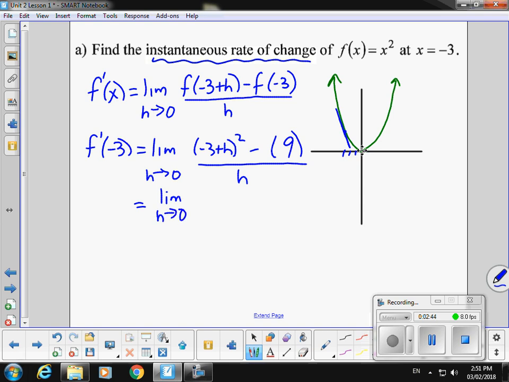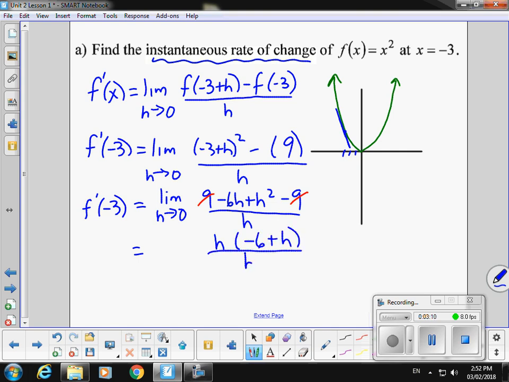The limit as h approaches 0 for the derivative at minus 3 is 9 minus 6h plus h squared, subtract 9, over h. Coincidence? I think not, that the 9's cancel each other out. I have a common factor of h: h times minus 6 plus h, all over h. Super cool.